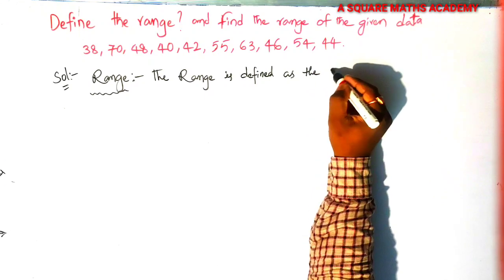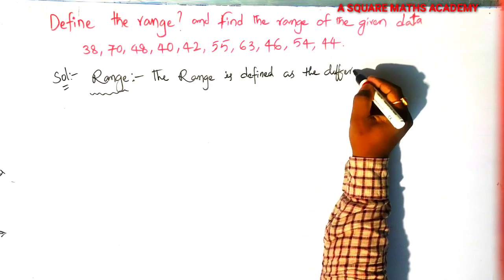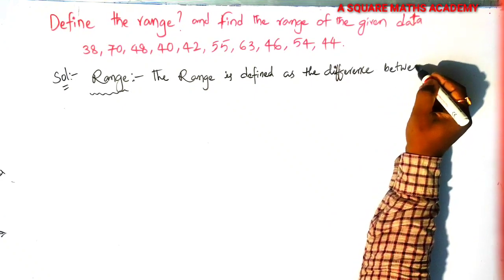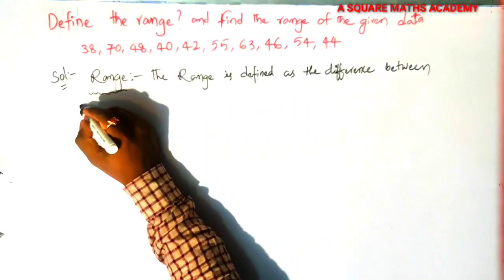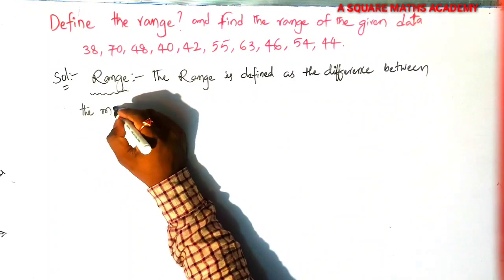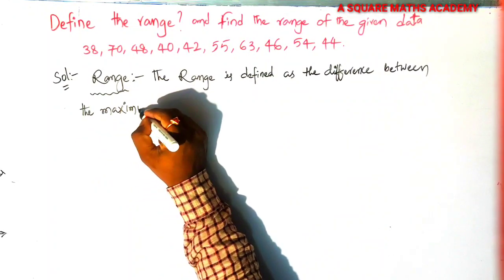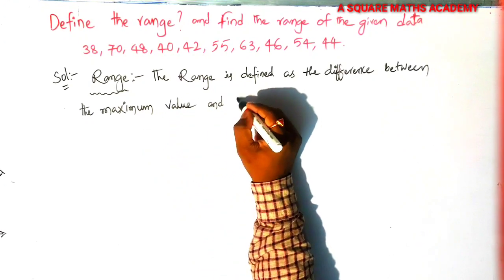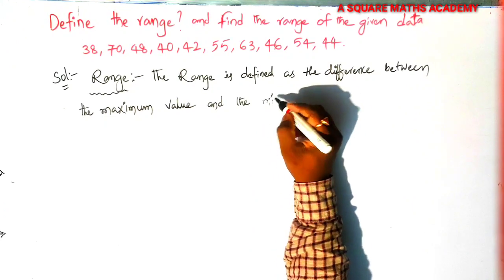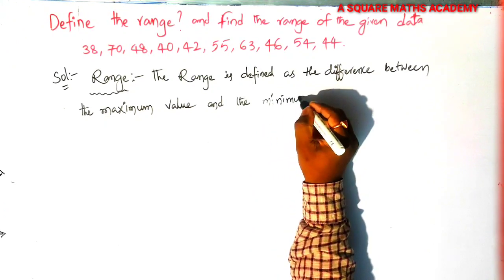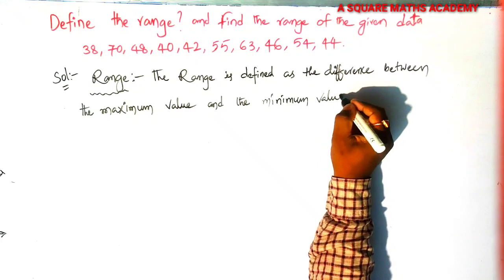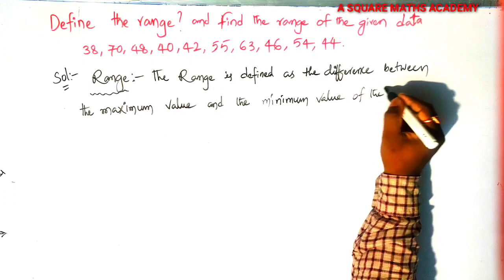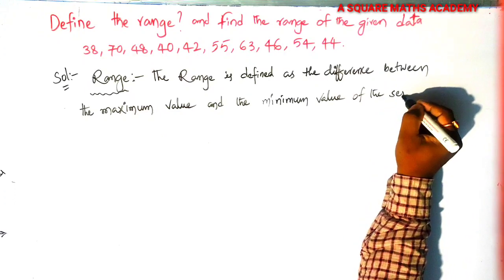the difference between the maximum value and the minimum value of the series of observations.